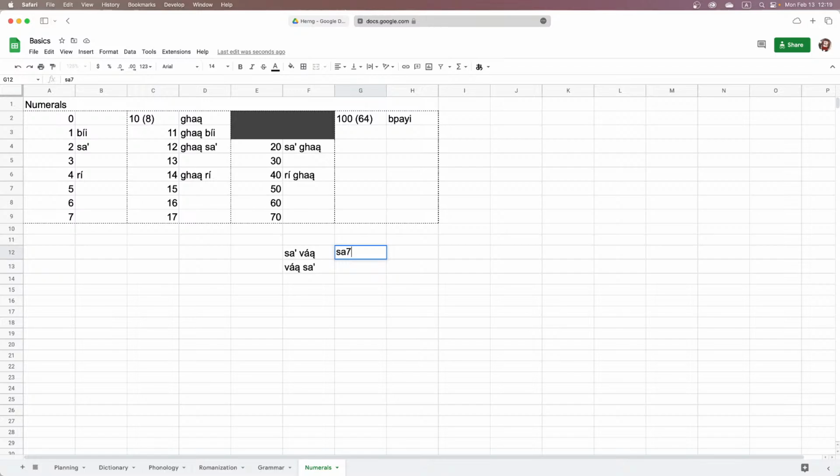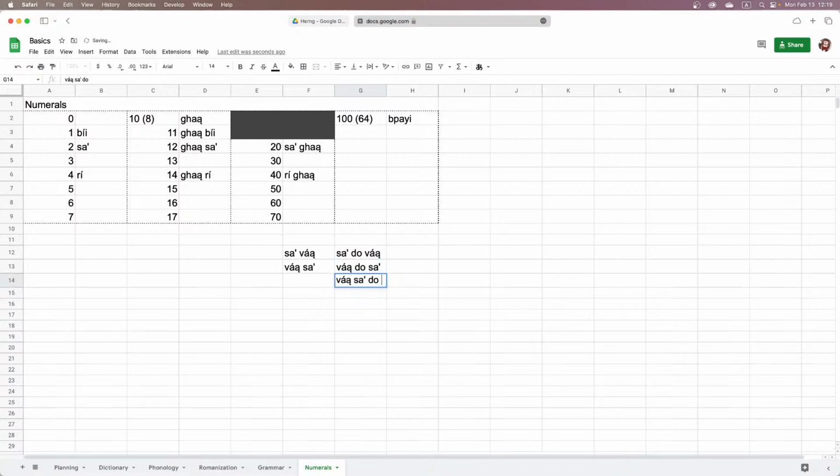So ça do vin, with do being the measure word, or we could go the Vietnamese way of putting the measure word after the numeral, but the numeral comes right after the noun.